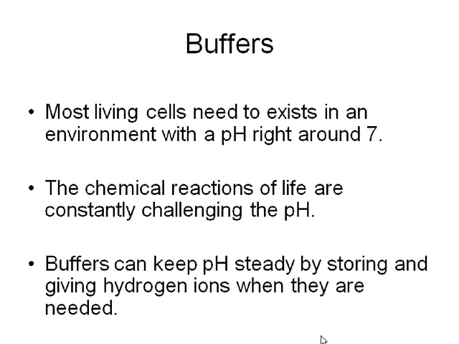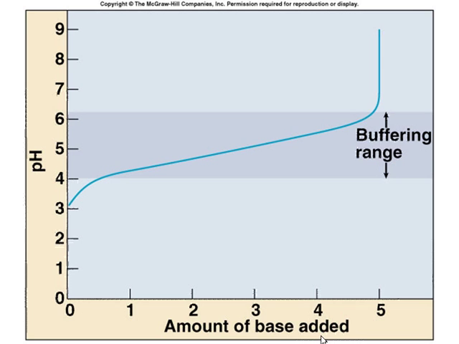The chemical reactions of life, okay, all the chemical reactions that go on in your body produce different acids and bases. The stuff that you eat, different acids and bases. They're always challenging the pH of your body. So what buffers do is they keep the pH steady by either storing or giving up hydrogen ions when they are needed. Here's an example of a buffer.